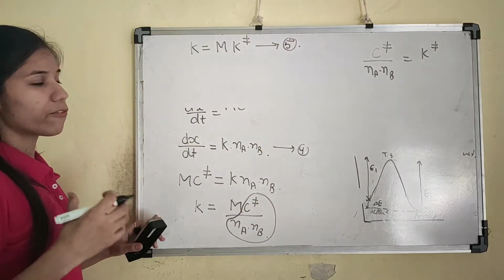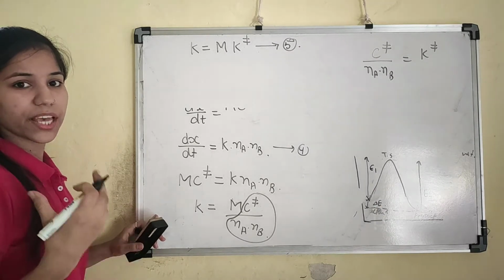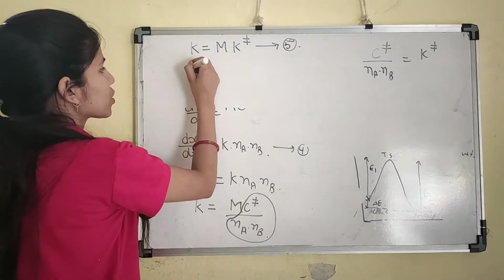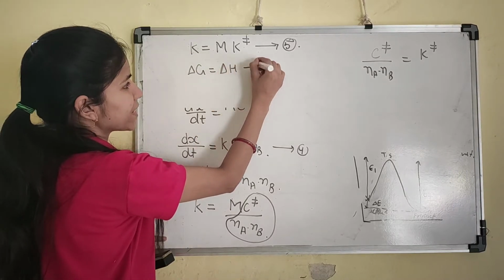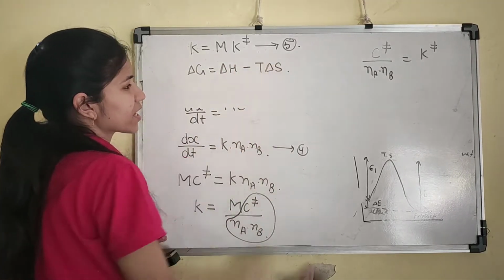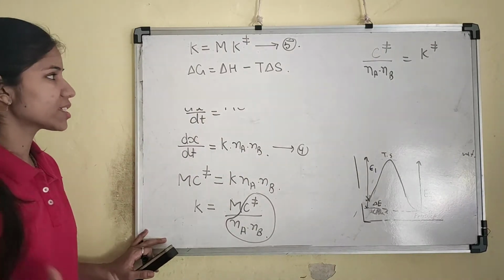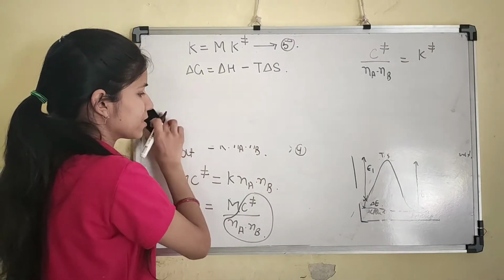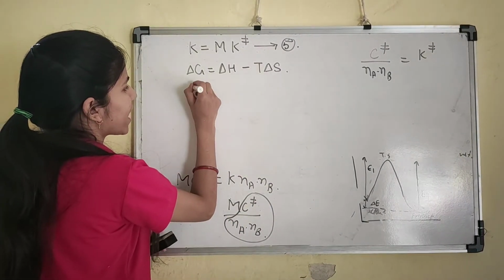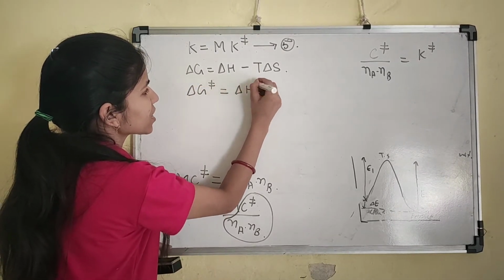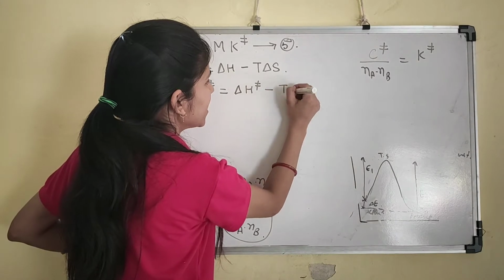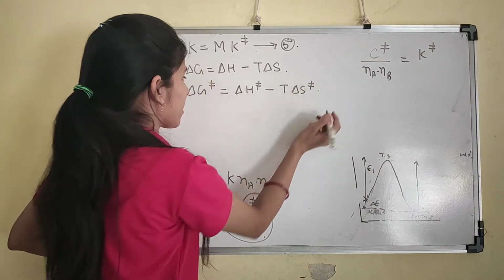Now from the Gibbs-Helmholtz equation, delta G is equal to delta H minus T delta S. For transition state theory, this can be written as delta G star is equal to delta H star minus T delta S star.